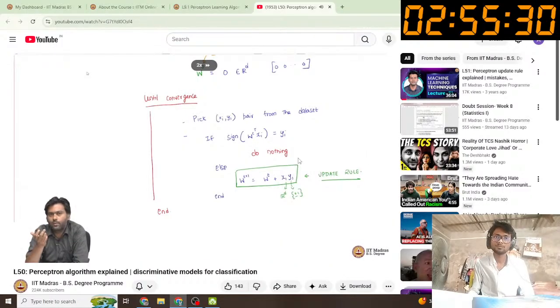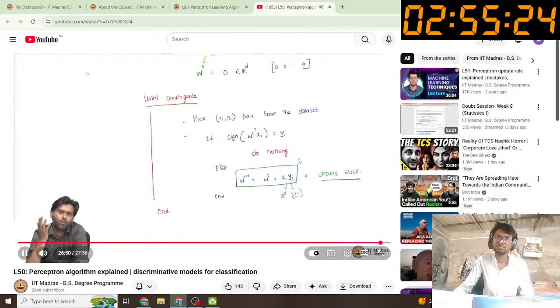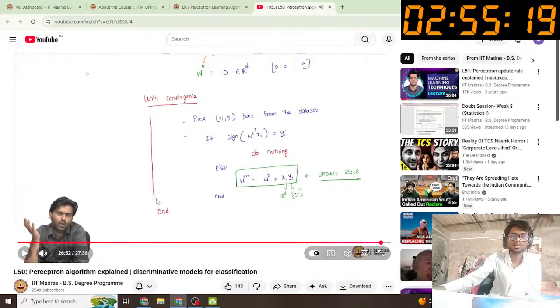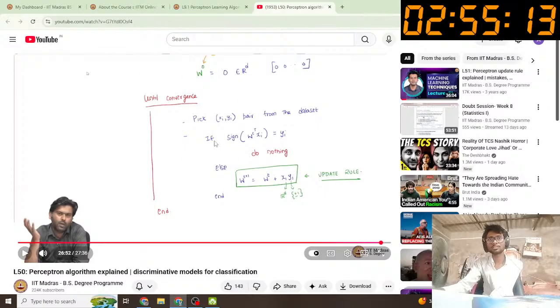What is the guarantee that this algorithm is going to converge? Because I'm adding a lot of things to my W, I keep on updating my W. What is the guarantee that I will actually find a W that works? So sir is saying that we have this beautiful algorithm, but the problem is that we will be able to find W only when this algorithm converges.